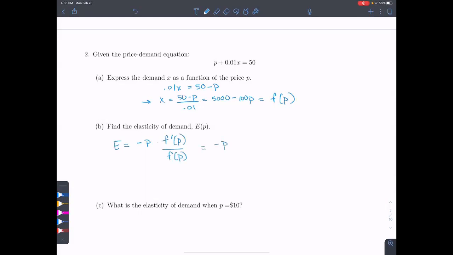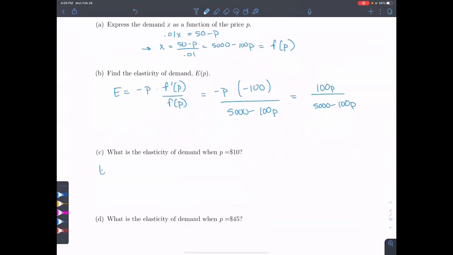So we have negative p times f prime of p, which would just be negative 100 here, divided by f of p, so 5,000 minus 100p. So you could simplify this to just 100p over 5,000 minus 100p.